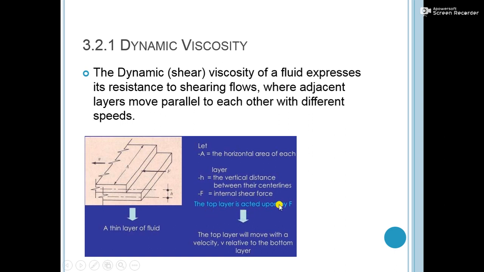The top layer is acted upon by force F, and because of it, the top layer will move with different velocity relative to the bottom layer, which can be expressed as tau is proportional to du by dy, that means shear stress, and F is equal to mu into area into u by y, where mu is the dynamic viscosity.